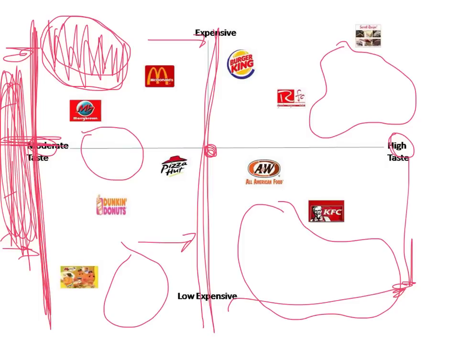So how about the other two extremes? Moderate taste, not very expensive. You could tell we've got some population there. How about very expensive and high taste? We've got some population there too, but you also might realize that at this point, if you're going to make it really expensive and really good, you might be missing out on what your customers really need. You don't go to a fast food restaurant for a really expensive, really delicious meal.